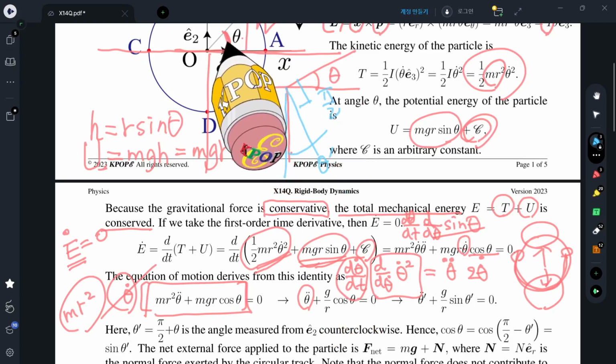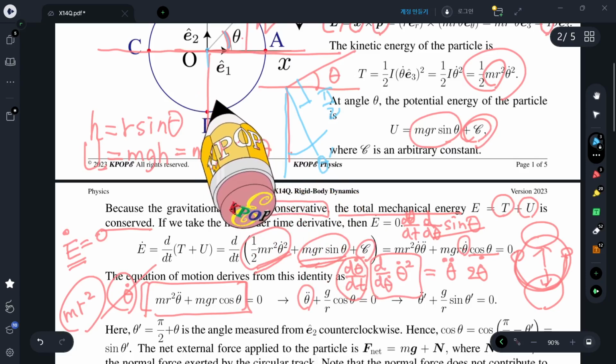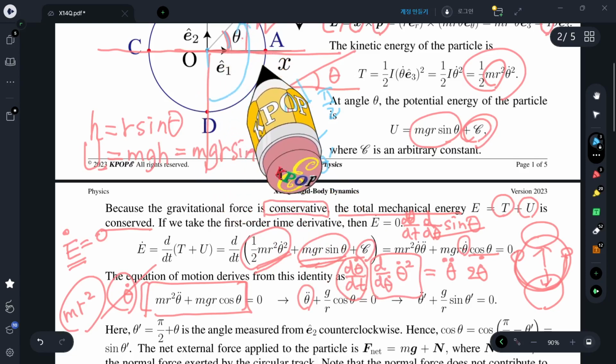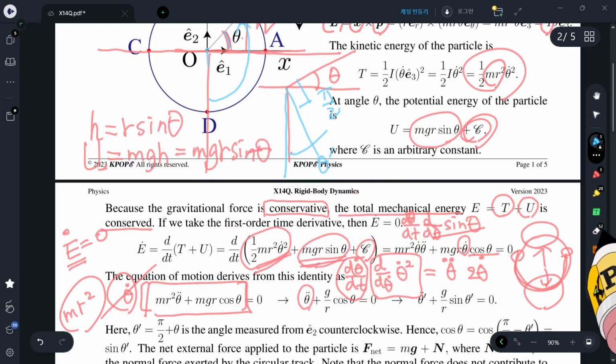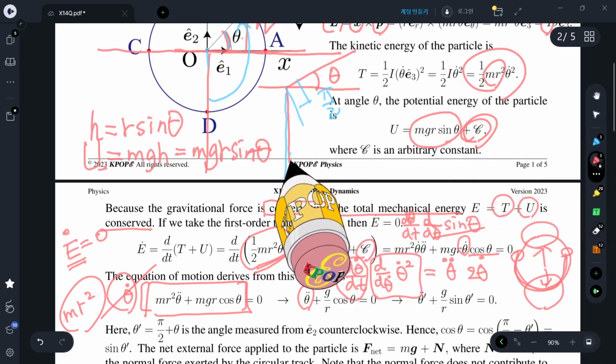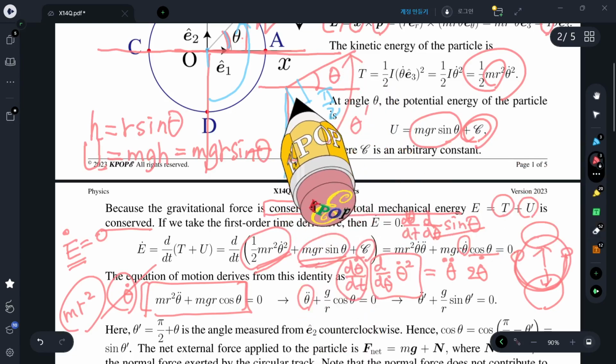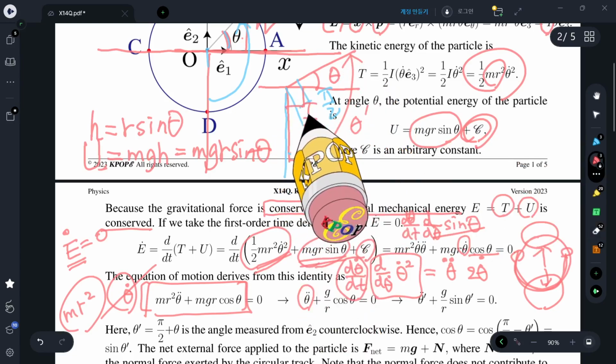Wait a second. The angle theta prime is measured from here. Raise this angle from here, theta prime, and this is a right angle.